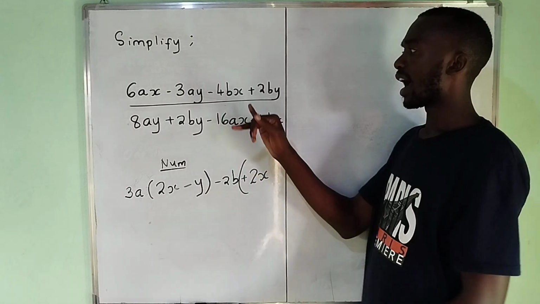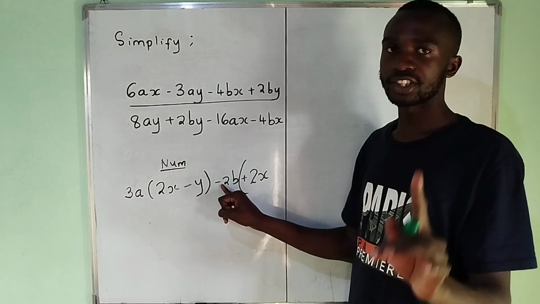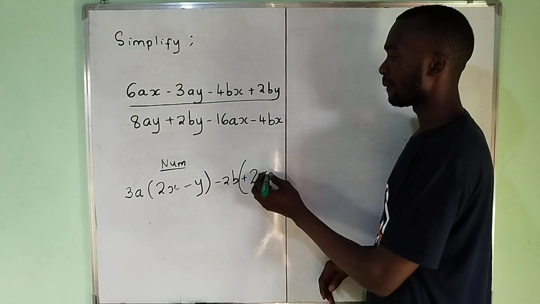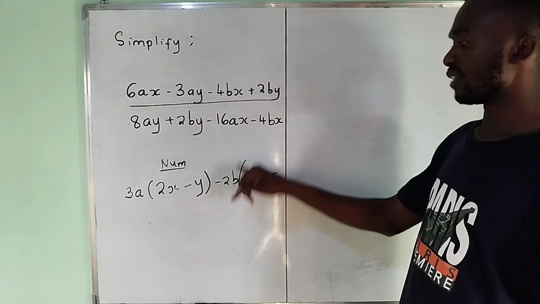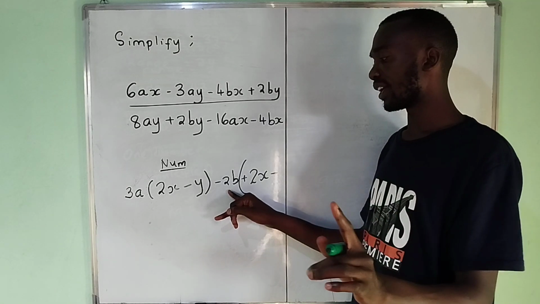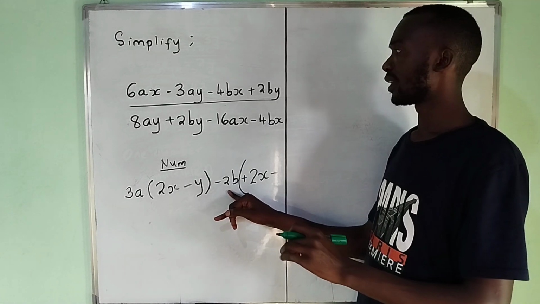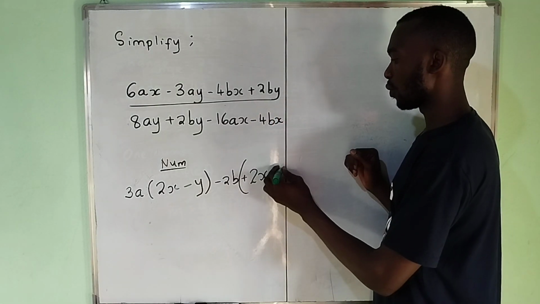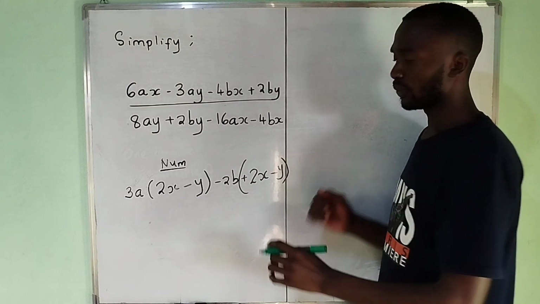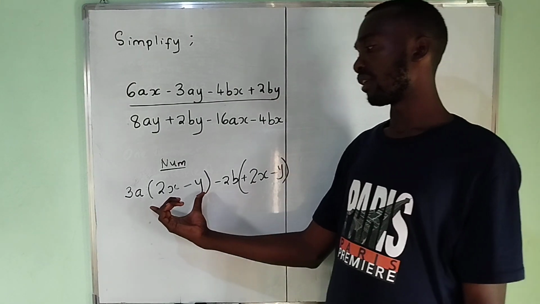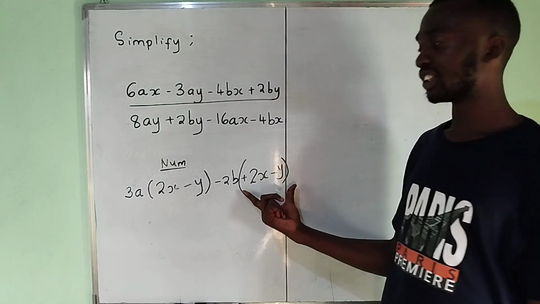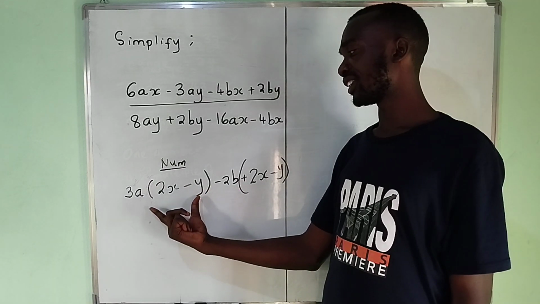Then a positive divided by a negative, we are obtaining a negative. Then 2b divided by 2b, they cancel one another. Then we are left with only a y. So we can see that whatever is inside the bracket in the first part is the same as the bracket of the second part, 2x minus y.